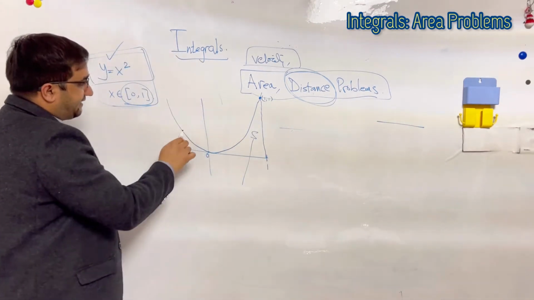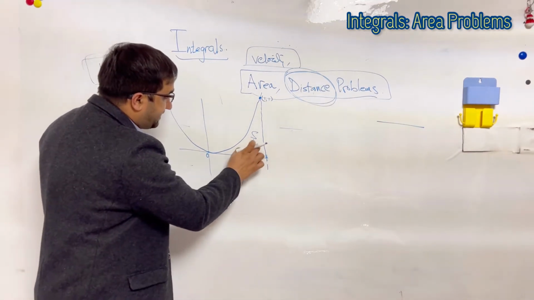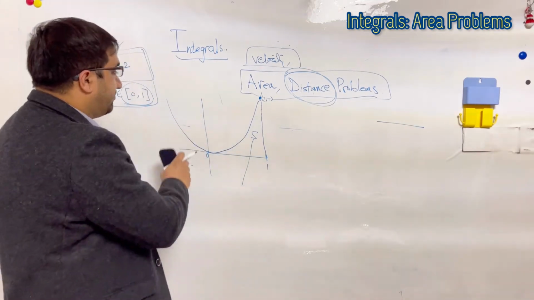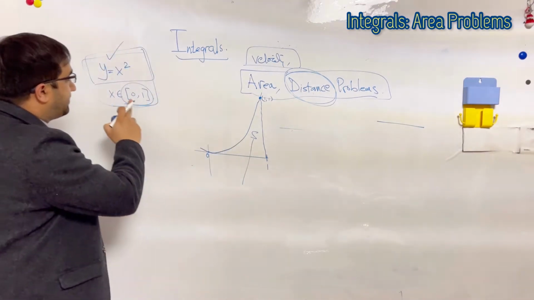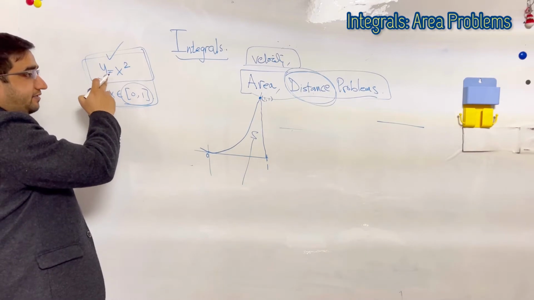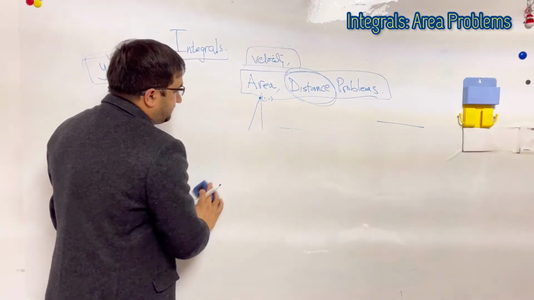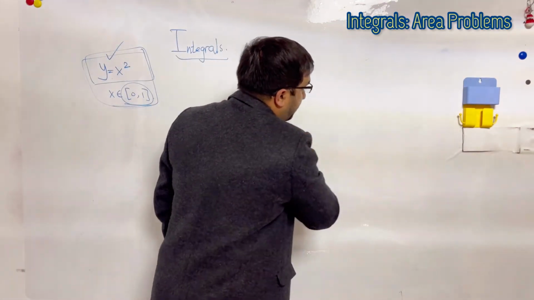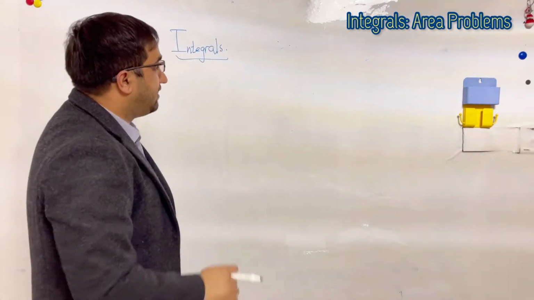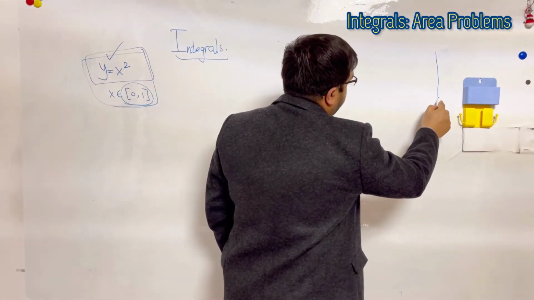What's happening here, I don't care about it. So let me pick up this shape and remove all other stuff. I'm going to pick up this shape for this curve function over this interval, and I'm interested to find the area bounded by that region. So the shape is like this.